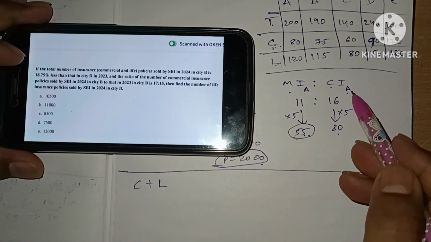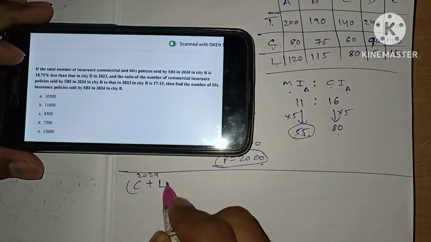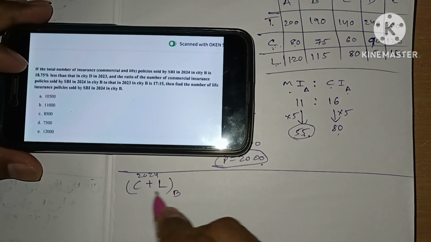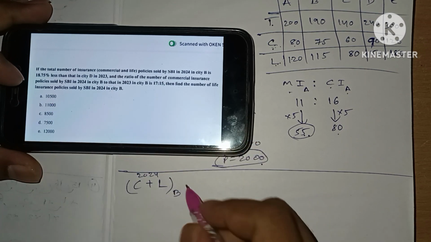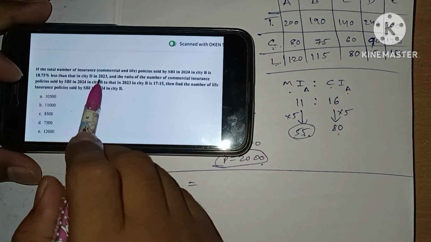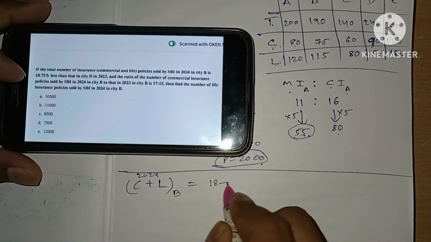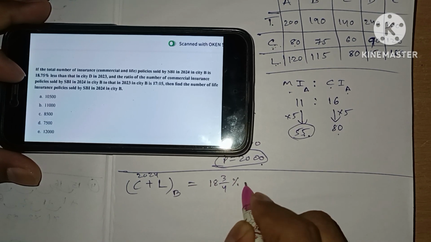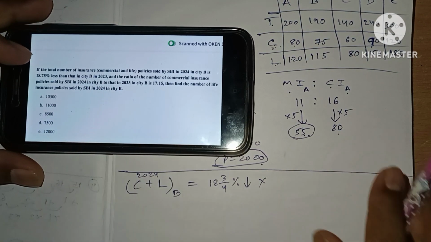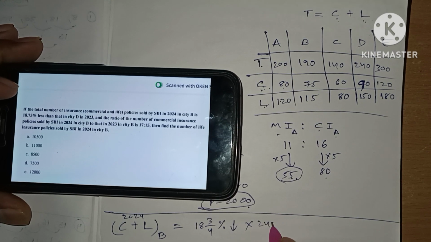The given data is about 2023, but it is talking about 2024 commercial and life insurance policies of city B. So CB and LB total is 18.75% less than that in D. So 18.75% less than CTD in 2023. CTD total is 240, so into 240.